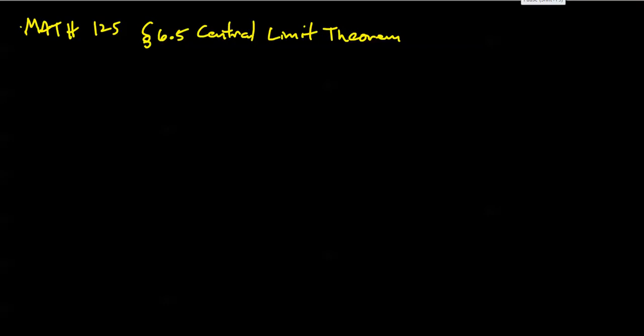Alright, good morning. Today we're going to talk about section 6.5, the central limit theorem. Well, before we talk about 6.5, I want to take just a brief look back at what we talked about so far in chapter 6. In 6.2 we talked about the standard normal distribution.